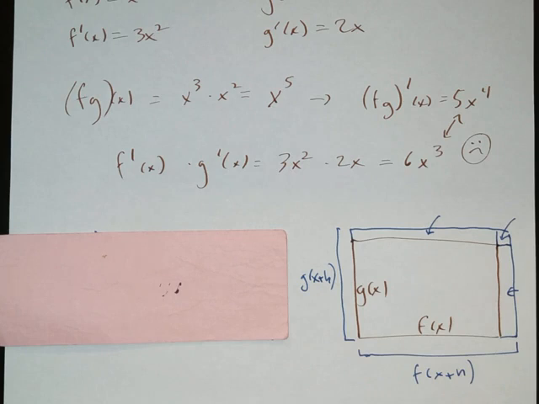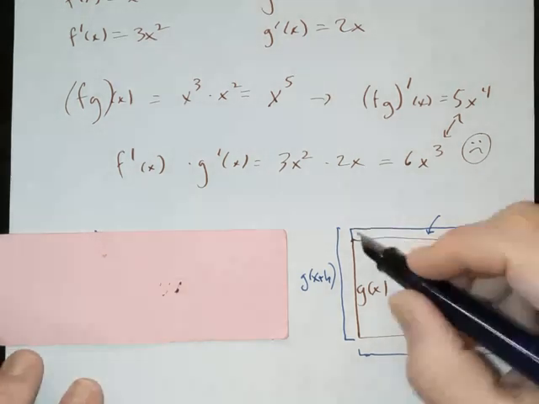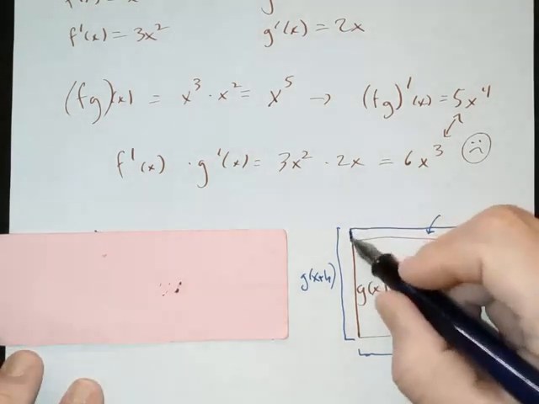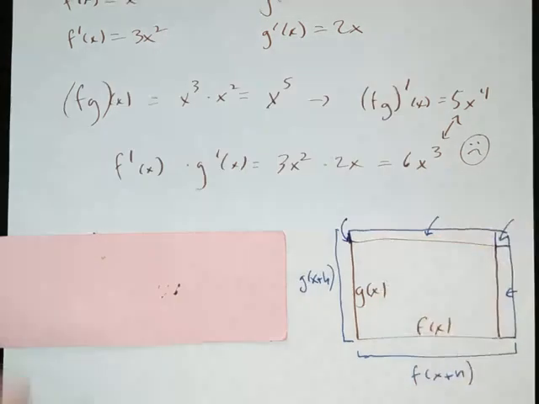A question for you. This change right here, just that little piece, that's g of x plus h minus g of x. Doesn't that look like it's our derivative? That's just the change in g.